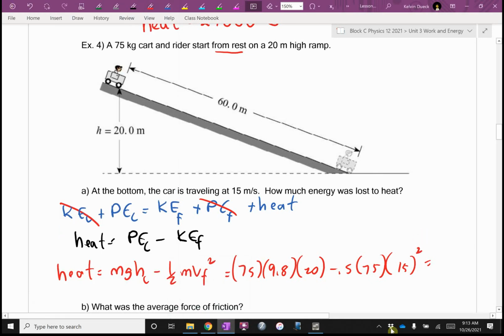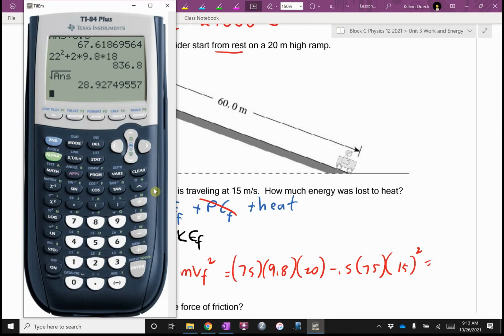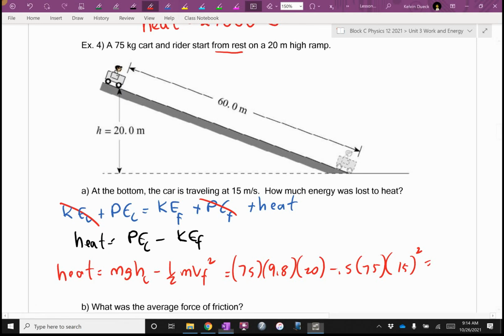Thank you. 75 times 9.8 times 20 minus 0.5 times 75 times 15 squared. Do you get 62.5? I'll write it to 3 sig figs, but I'll store this on my calculator, just in case.